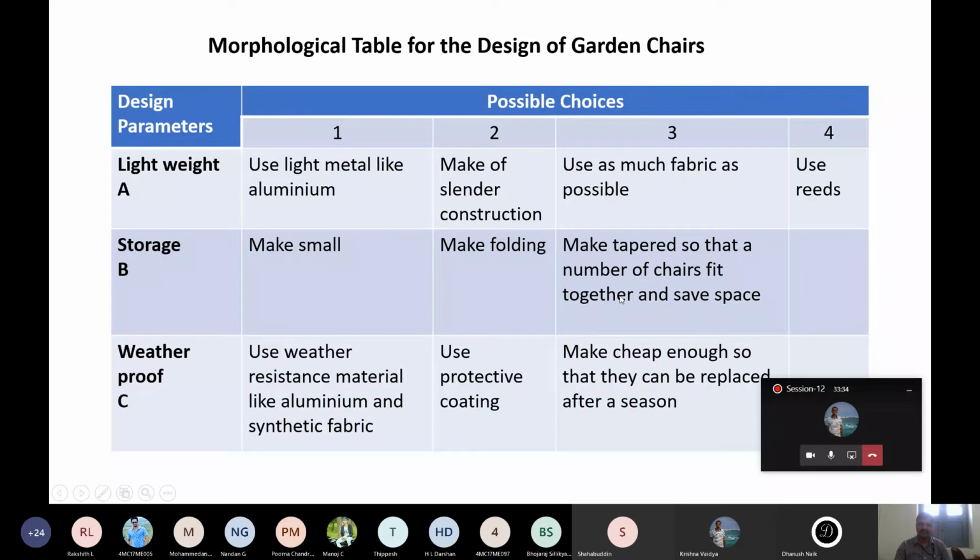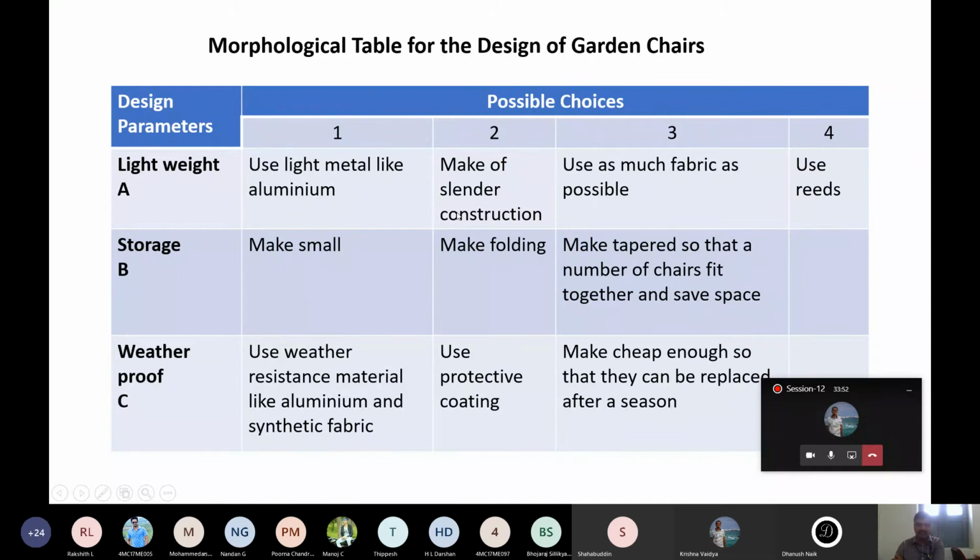How many design solutions can you get from this table? 36. So that means 4 into 3, 12; 12 into 3, 36 solutions are summarized in this table.